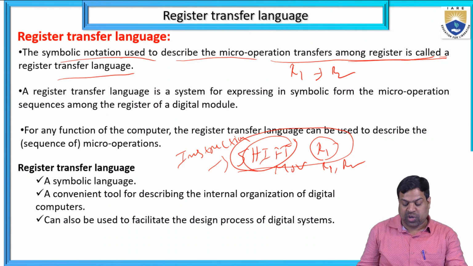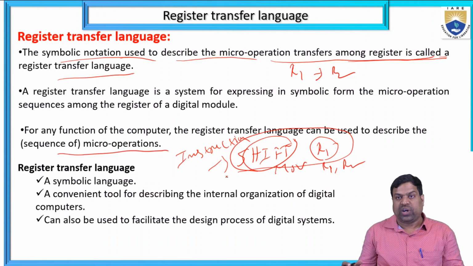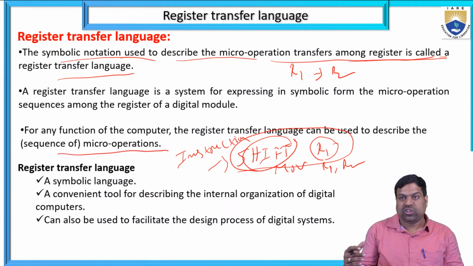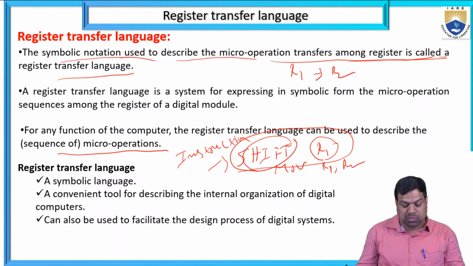For any function of the computer, the register transfer language can be used to describe the sequence of micro operations. What are the binary operations in the register? We have to use programming in the notation. The register transfer language can be used to describe the sequences of micro operations.